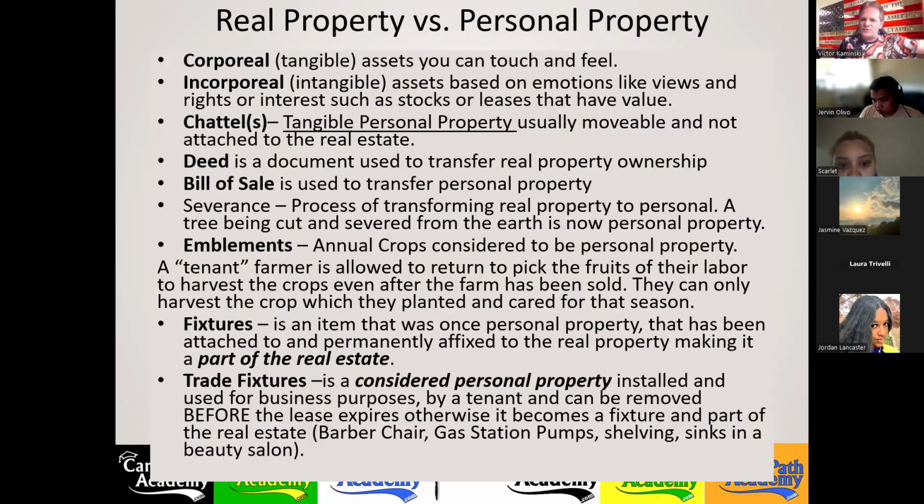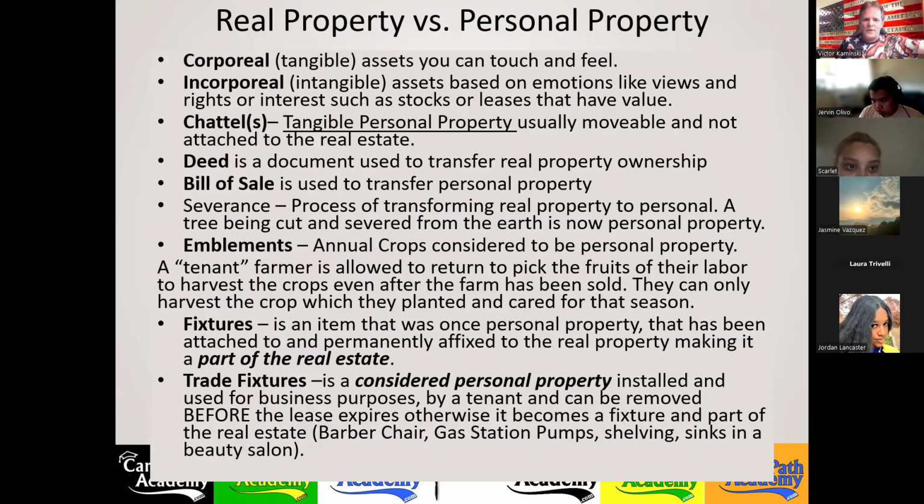Severance is the process of transforming real property to personal property, like with a tree. You cut down the tree, severing it from the earth, now it's personal property. Otherwise, emblements, that's a term you need to know as well. These are things like annual crops that do not come back and grow on their own unless you till the soil, plant the seeds, and care for the plants again.